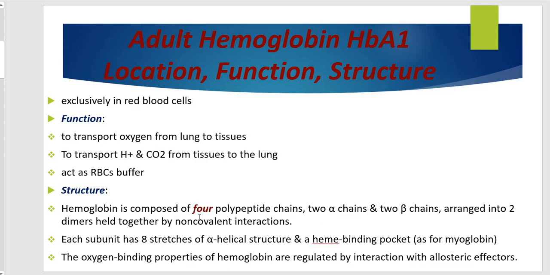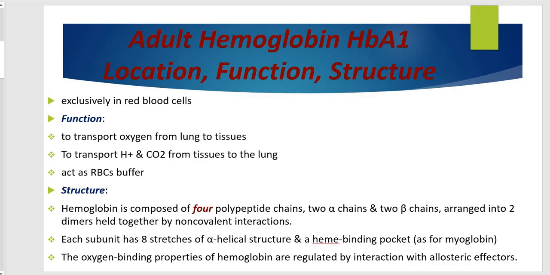Myoglobin is a single polypeptide chain, but each polypeptide chain is identical to the polypeptide chain of myoglobin, which is folded into 8 stretches of the alpha helical structure, with a heme binding pocket in each polypeptide chain. So hemoglobin has 4 heme groups, as it's composed of 4 polypeptide chains. Each polypeptide chain forms 8 stretches with heme group in a pocket.